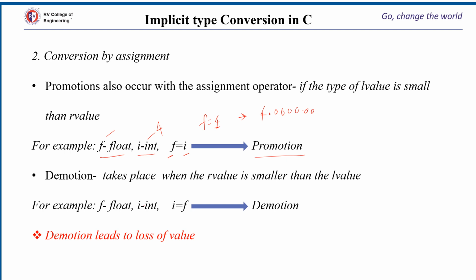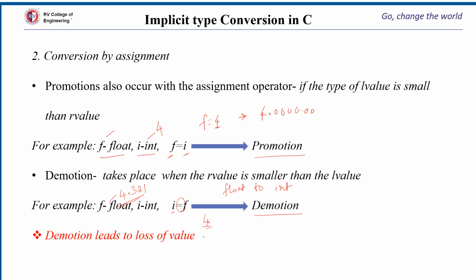If I have f = 4.321 and I am trying to assign this value to an integer, here a demotion takes place because there is an assignment operator. Here I am trying to assign a float to int. What happens in this case? There will be a demotion. So here your value will be just 4.